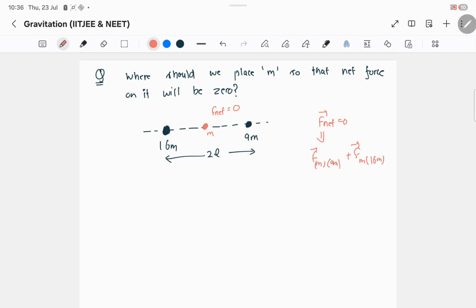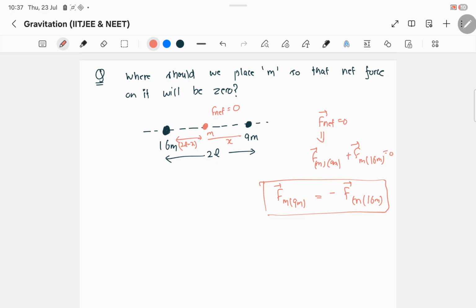We have to decide that the total force should be equal to 0, meaning F on m by 9m must be the negative of F on m by 16m. Then we can find what that will be. I will imagine that F net will be 0 when it is some x distance from 9m. If the total is 2l, the remaining will be 2l minus x.